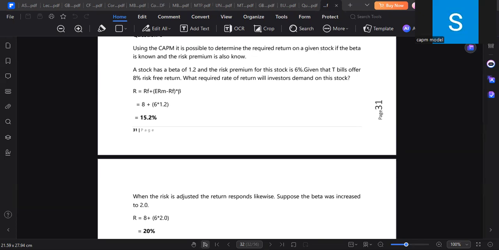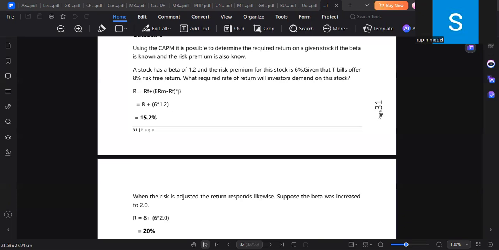We are talking about the, so we are looking at the CAPM model. What did I say is the CAPM model?